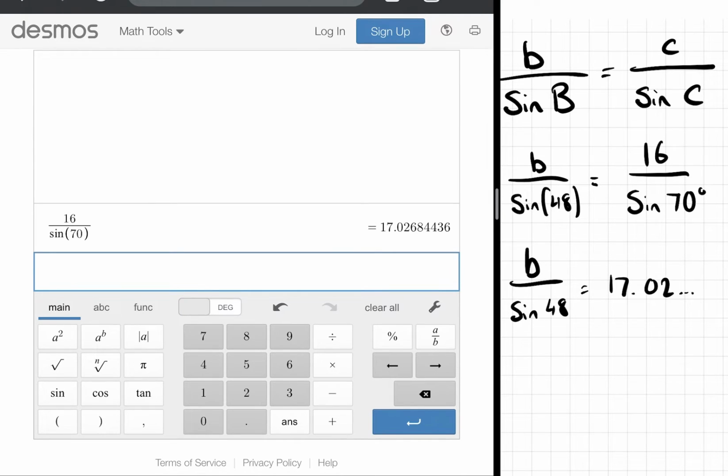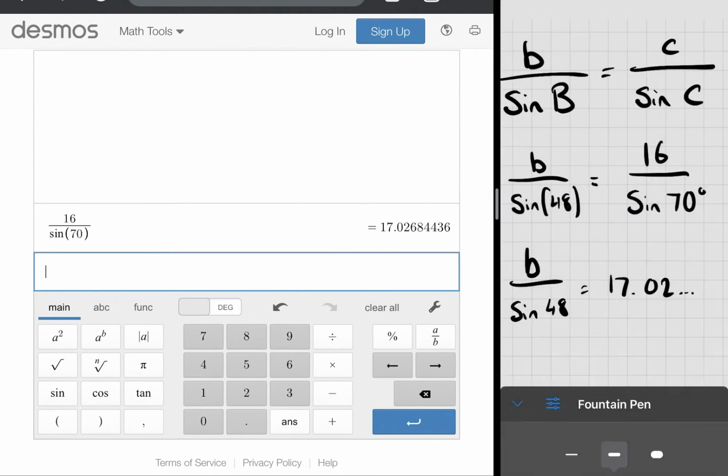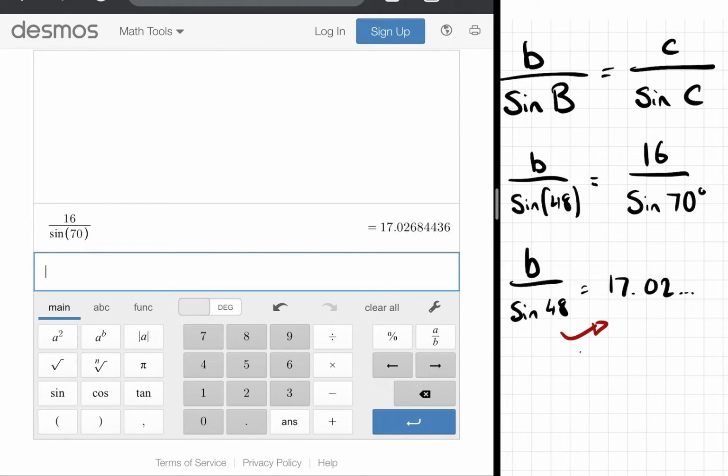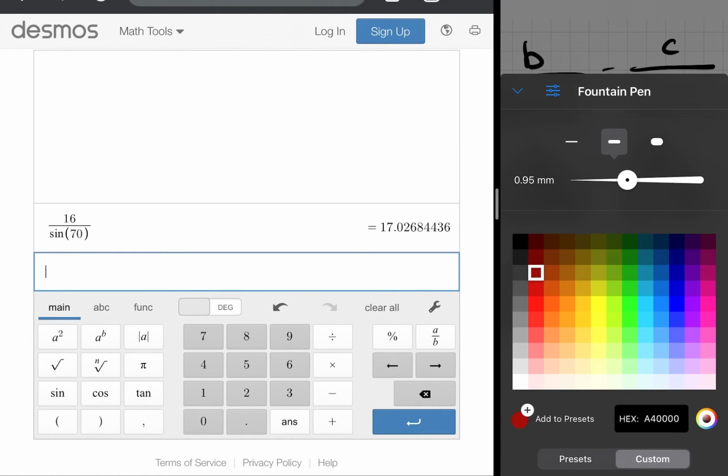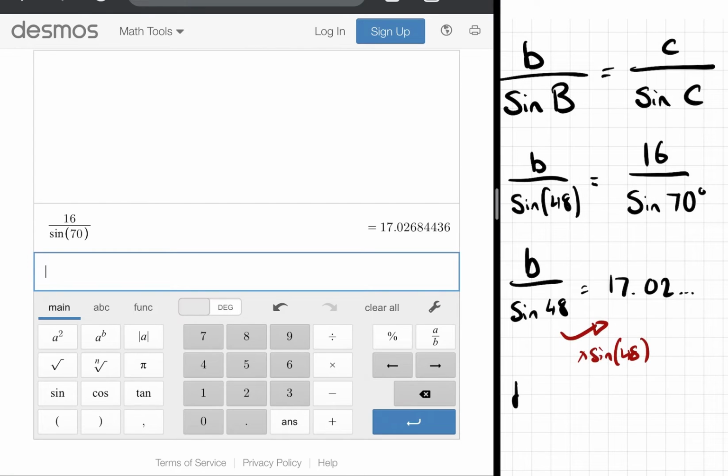Now, all I need to do is multiply by sine of 48 on both sides, because it cancels out on the left and adds it to the right. So b is going to equal sine of 48 times our answer, which is 17.02 and so on.